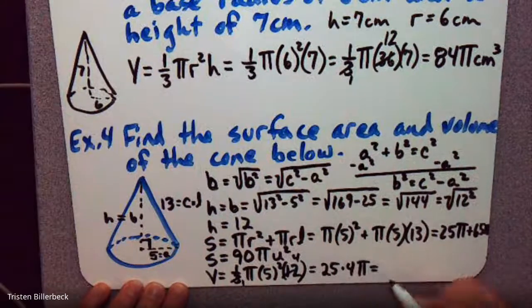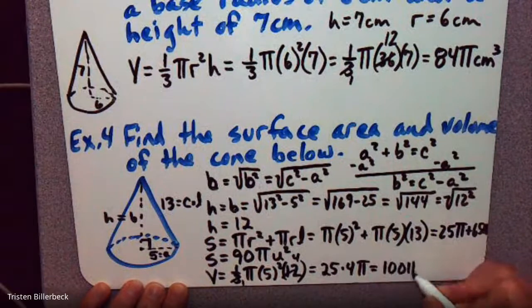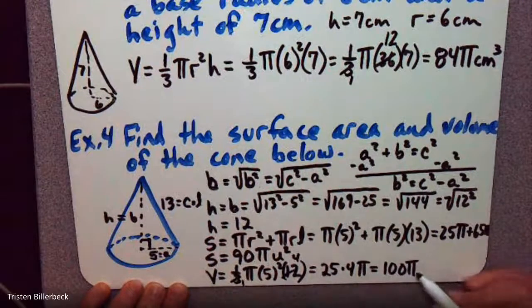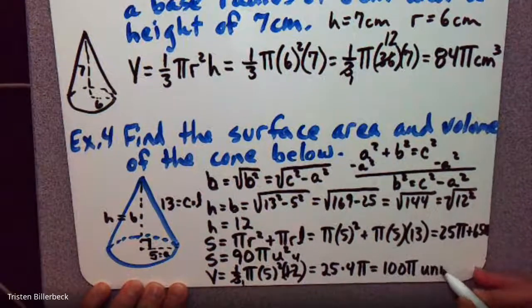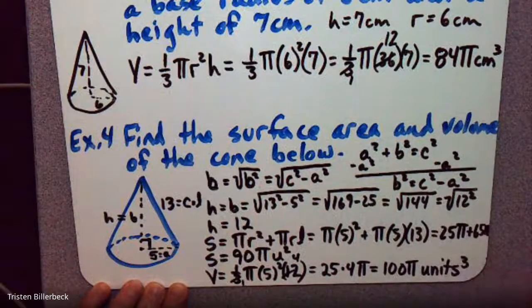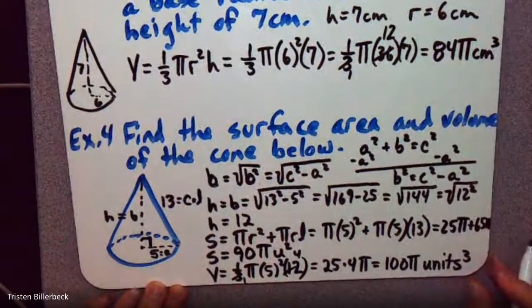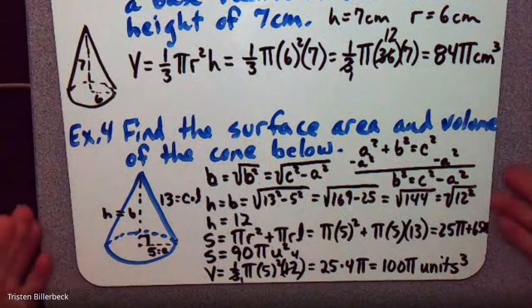And 4 quarters is $1, so we've got 100 pi, and we don't know our units, so we can write u, or we can write units like that, and then we write cubed because we're using volume. Okay? So that's how you would solve that.